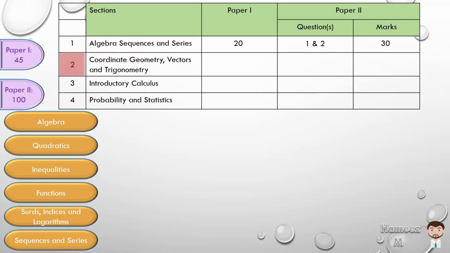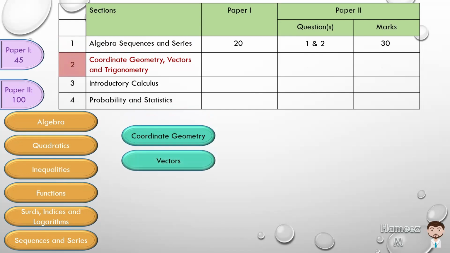Moving on to section 2, coordinate geometry, vectors, and trigonometry. Coordinate geometry, there are 3 questions that will be assessed in this area in paper 1, 3 questions on vectors, and the next 8 on trigonometry, which makes up 14 questions of paper 1 that assesses section 2.